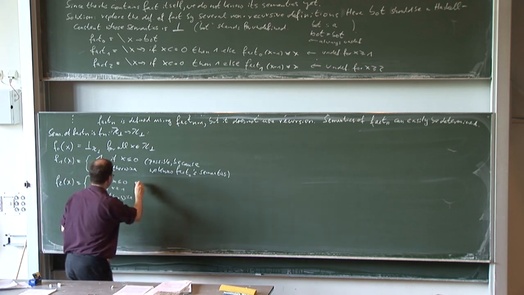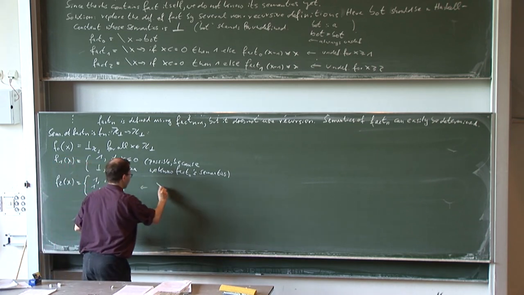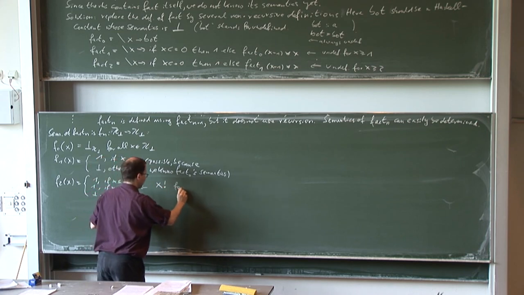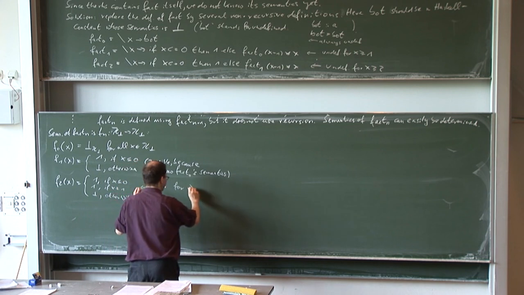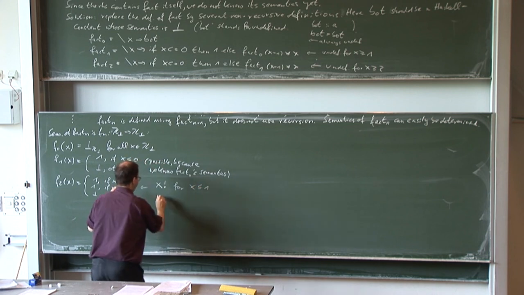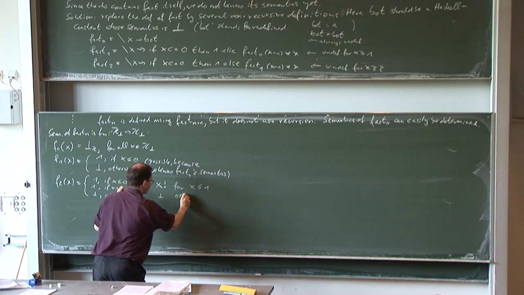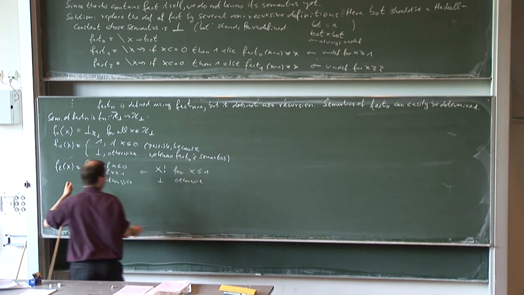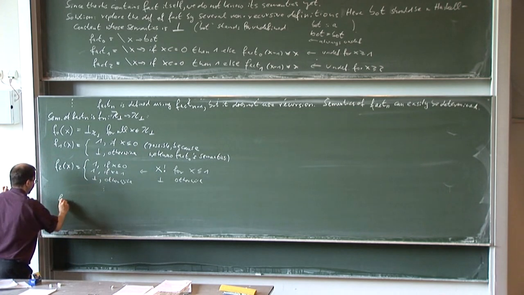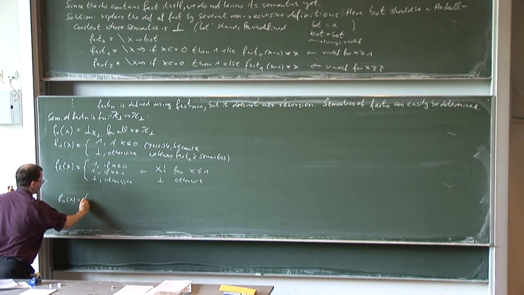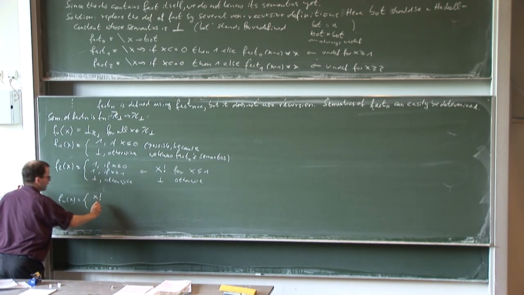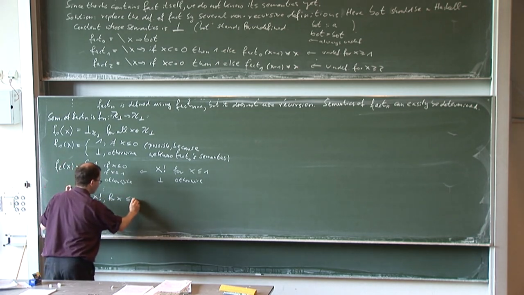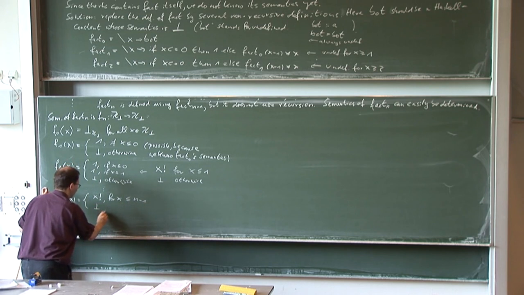So in other words, this gives us factorial of x for x less than or equal than 1 and undefined otherwise. And so on. So for fn, we will then get factorial of x for x less than or equal than n minus 1 and undefined otherwise.